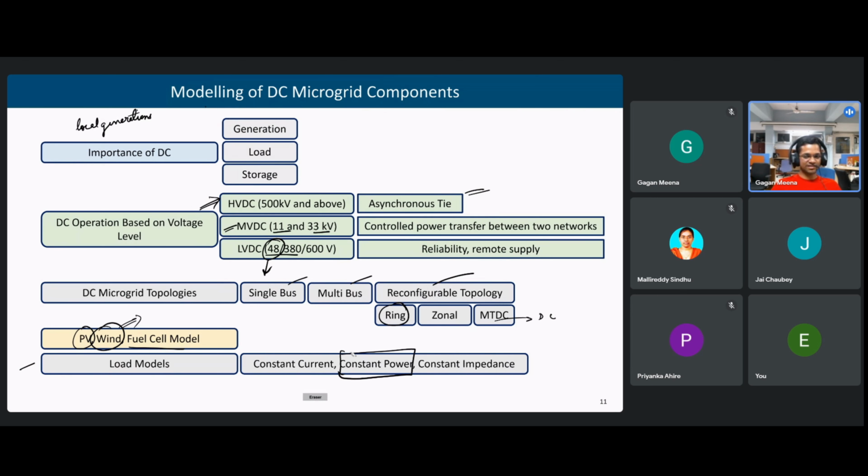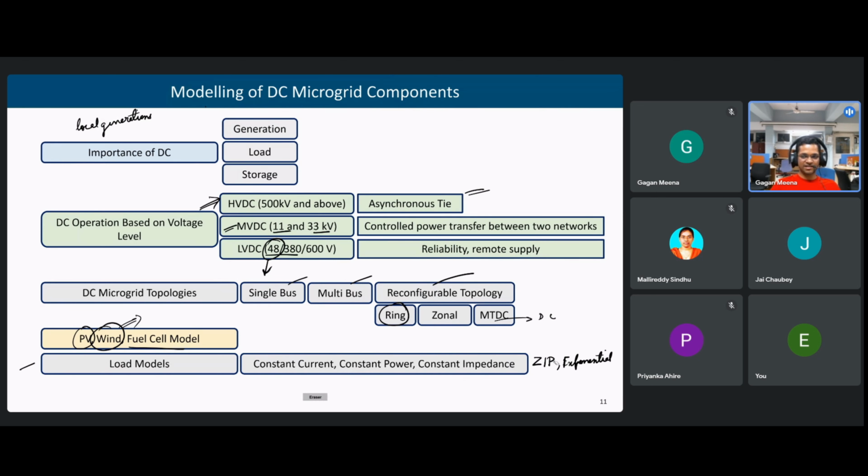At the transmission level we do it like this, considering the aggregation as constant power, but this does not hold good in a distribution system, where we have so many types of loads. So we model all these different types of loads. There is also the ZIP model, and an exponential model; there are other models too.